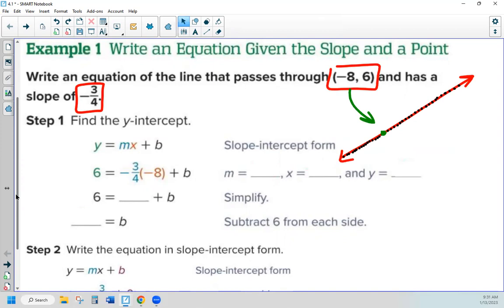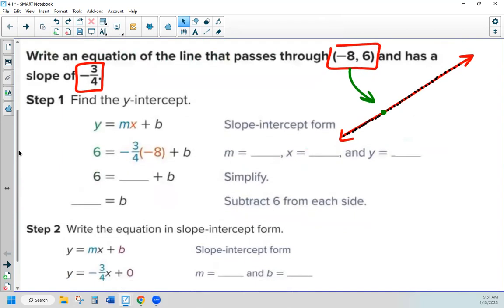If you follow these steps, this is what we can do. The book already does it for you, but when we do our practice problems, this is what you want to do. Write out your slope-intercept form, and then substitute your values for x and y. If you're wondering where they came from, a point was given to us, an x and a y.